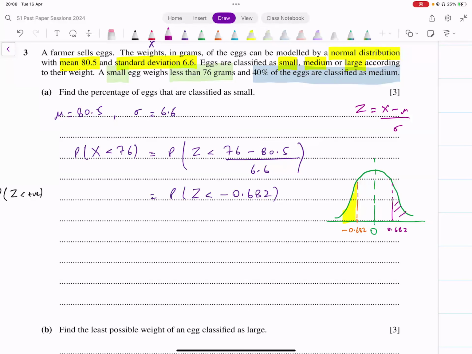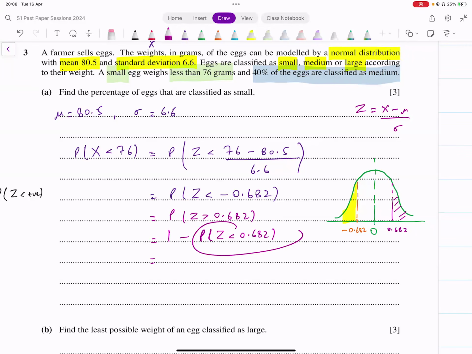So we could say this is the same as the probability of Z greater than 0.682. But this is still not the standard form. Standard form is Z less than a positive number. Since the total area is 1, we can subtract from 1 the area to the left of 0.682. That gives us 1 minus probability of Z less than 0.682, 1 minus phi of 0.682.